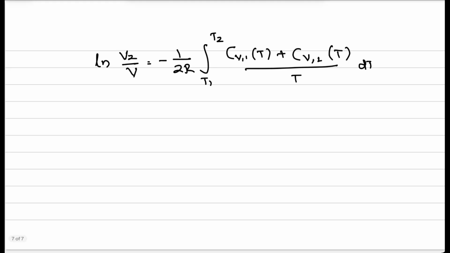That means ln V2 by V1 is equal to minus 1 by 2R integral T1 to T2.